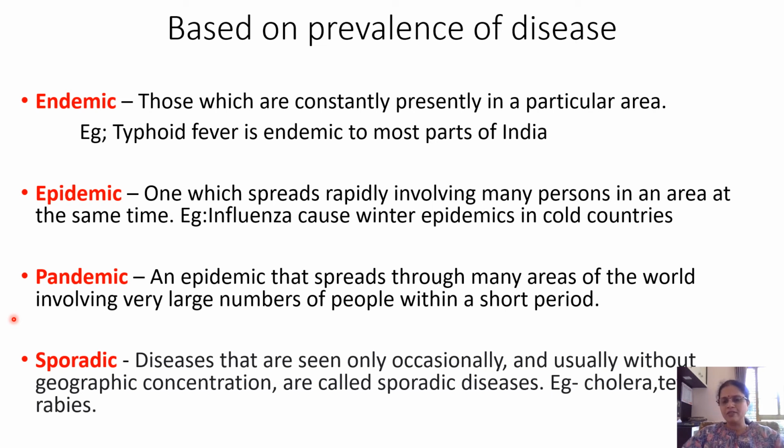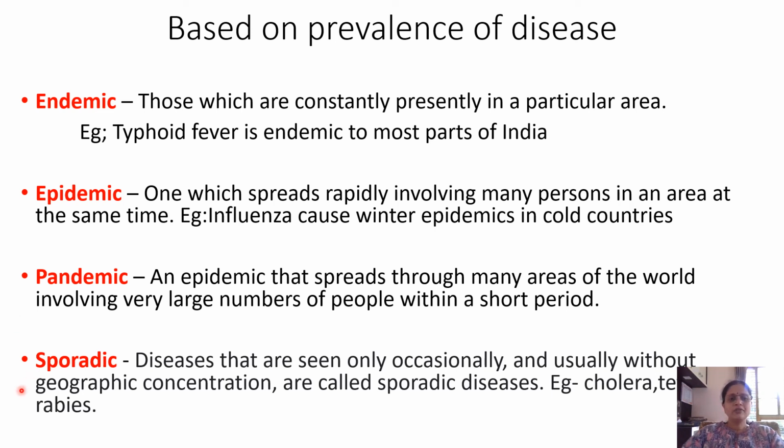Whereas pandemic is, it happens to many people throughout the world in many areas. And the infection spreads very rapidly within a short period of time. So such an infection is called pandemic infection or pandemic disease, because it usually results in disease. And I don't think I will have to give you any example here. You already are in this situation, so you know the example.